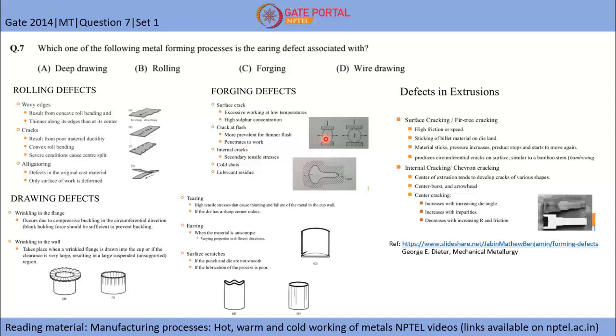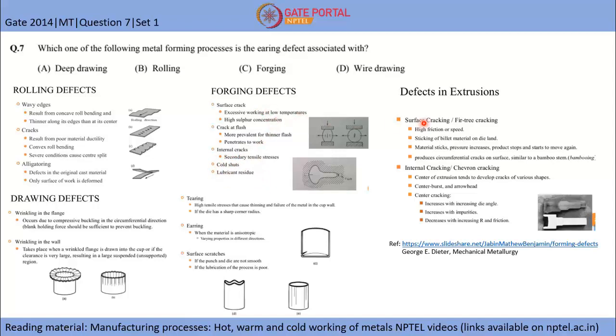You can see here tensile stresses develop in the transverse direction. This is your compression direction and this will be your tensile direction. Hence, due to the secondary tensile stresses, internal cracks can be generated in forging. Cold shuts and lubricant residue also come inside forging defects.